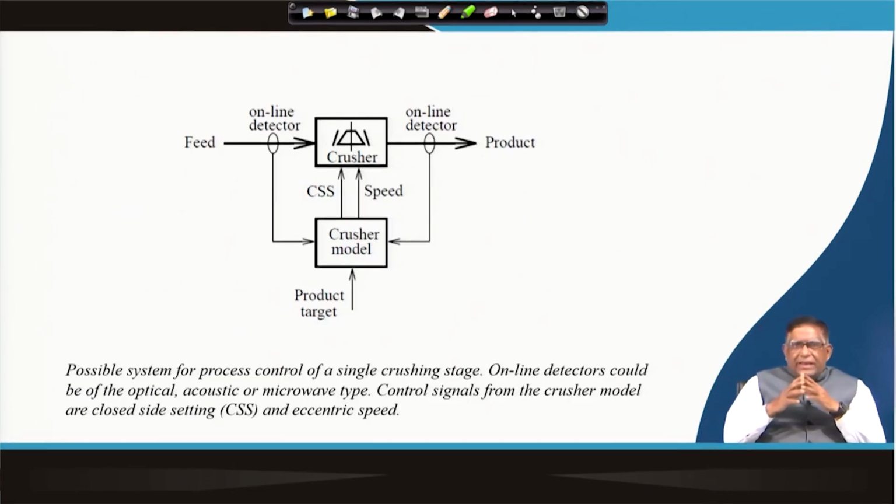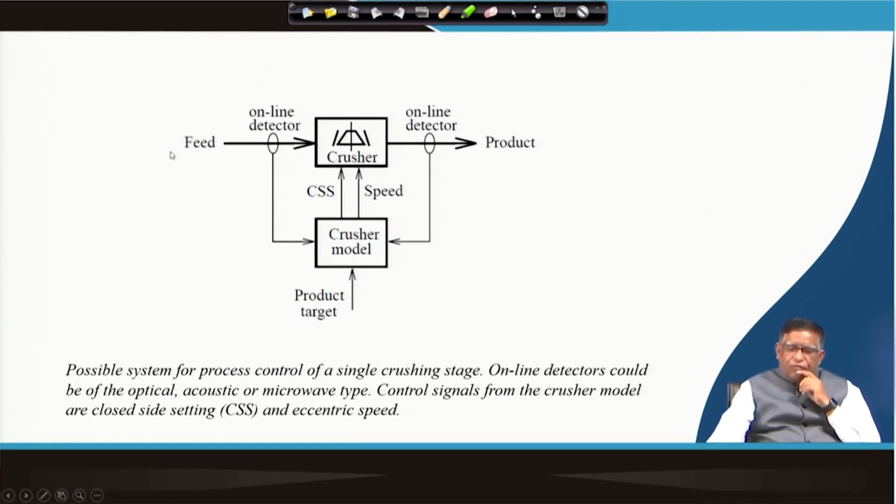Now, what we learn from here is how the whole crushing system works: the feed is coming in, and then the product is going out. In between, to increase the efficiency, we must know all those phenomena, so that blocking, packing or bridging is not taking place.